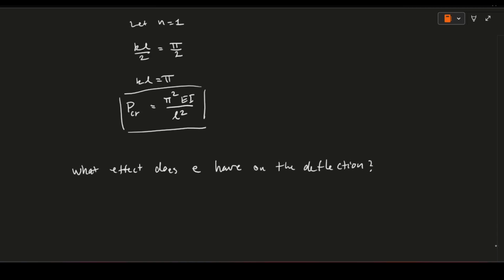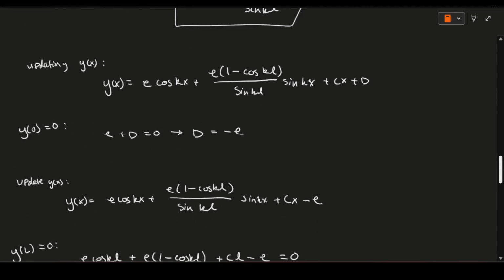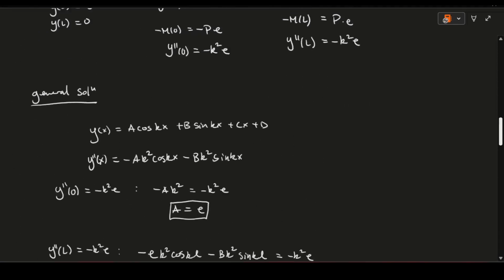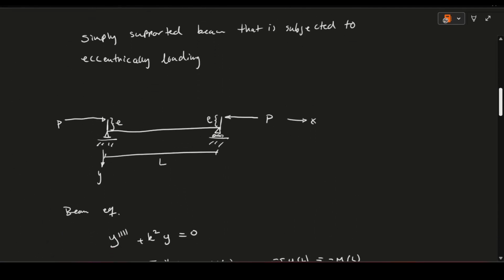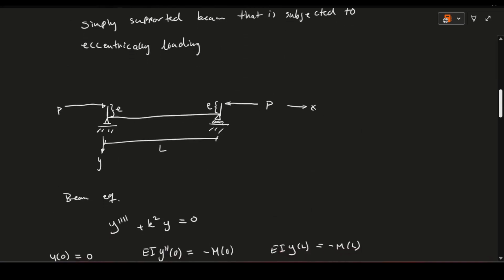Okay, we can check the maximum deflection. So y max is equal to y at L over 2. We have a simply supported beam, so the maximum deflection will happen in the middle.